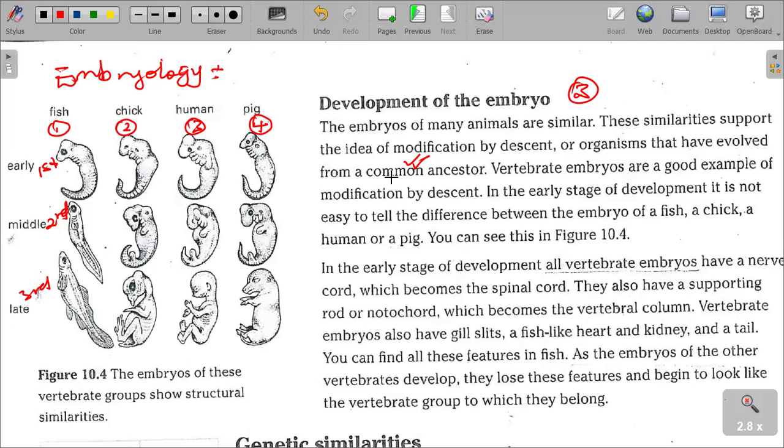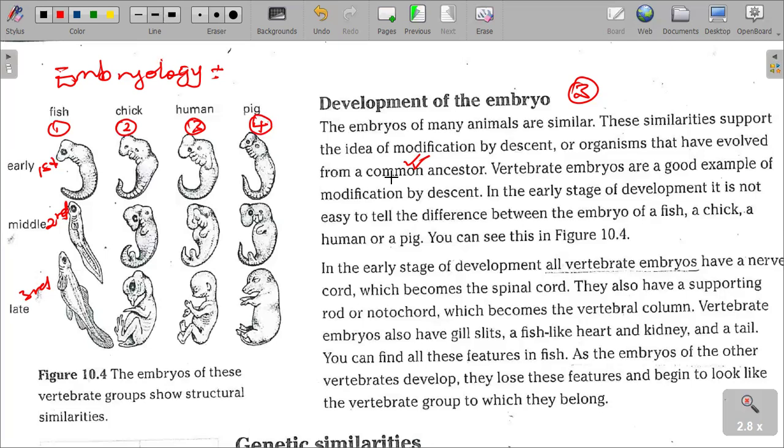We can't tell. That is modification by descent, and also a good example showing that there is a common ancestor where these embryos are coming from.